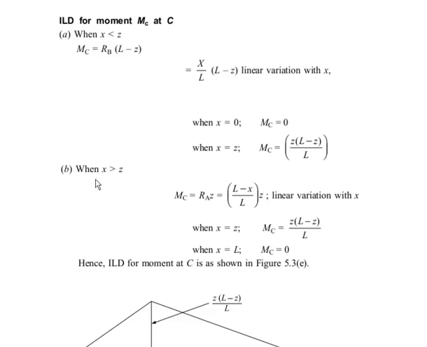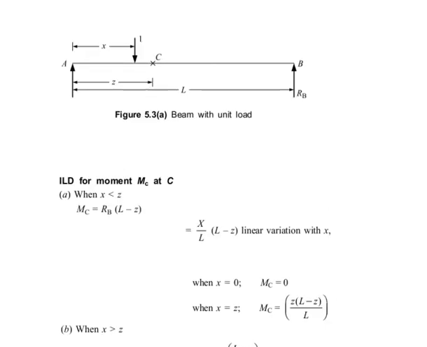And the next case is when x is greater than z, or the unit load is between C and B. When the unit load crosses this point, the figure is not given, so just imagine the unit load somewhere between C and B. If the unit load is here, what is the moment at C?